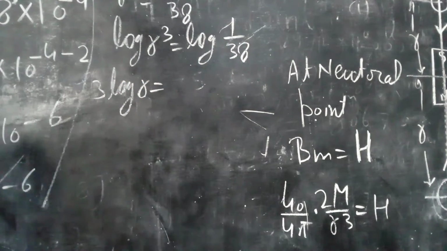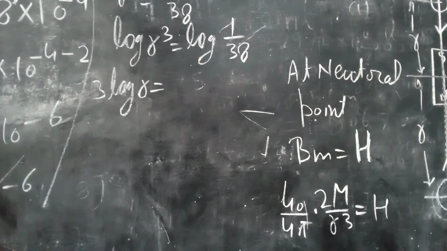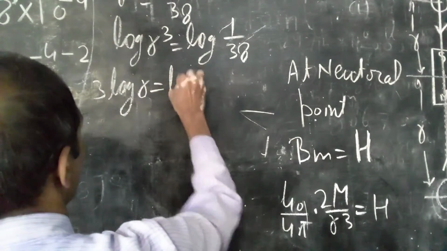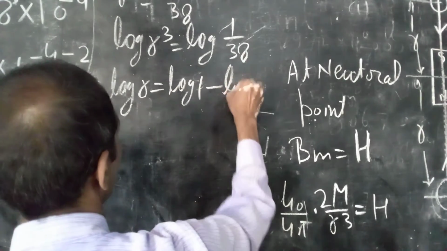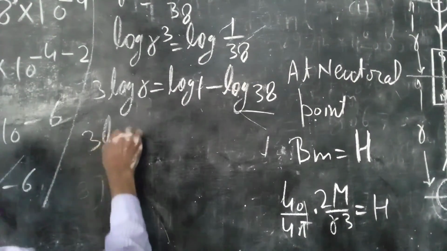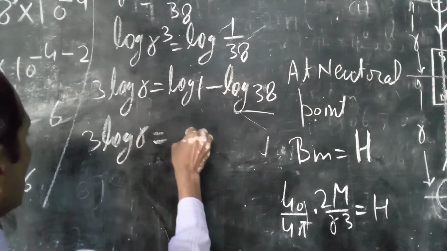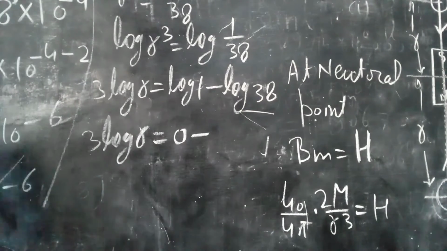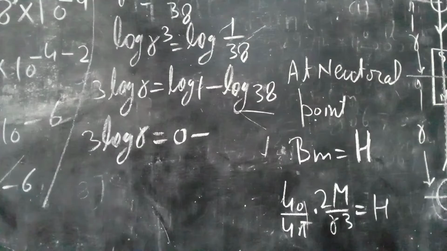Log m by n is equal to log m minus log n, the quotient law. So here log of 1 minus log of 38. So 3 into log r, and log of 1 on any base is 0, so write 0 here. Now read the value of log 38 from the log table.